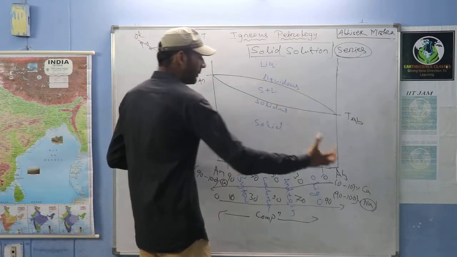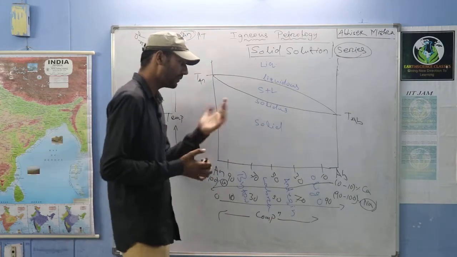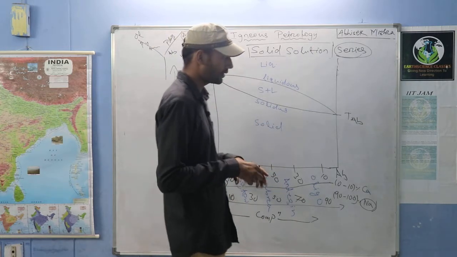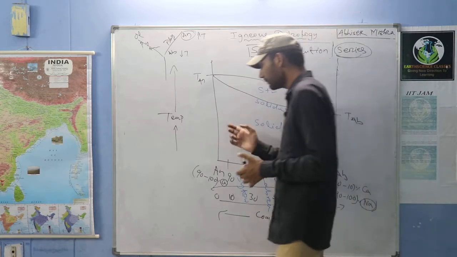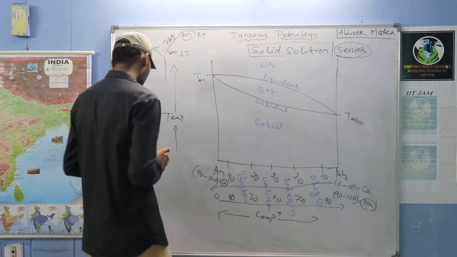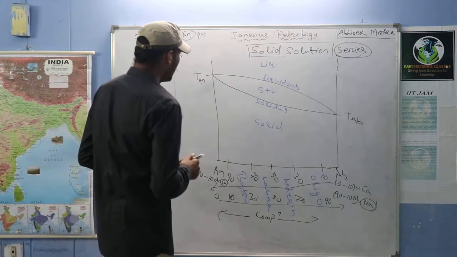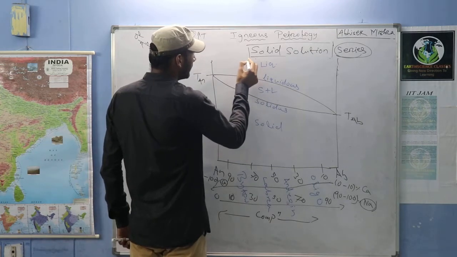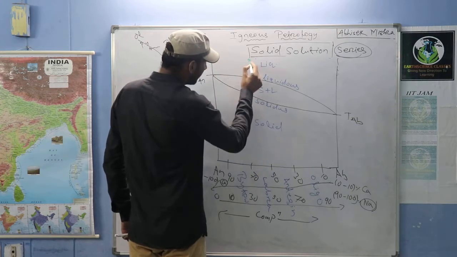So if I am adding another compound, the thing is the same as in the previous case. If I am adding something to a pure substance, the temperature of crystallization will fall, right? But here the crystallization behavior is something different. So let's start. What happens? Let's consider a composition of this. Let's say I am taking this 70.